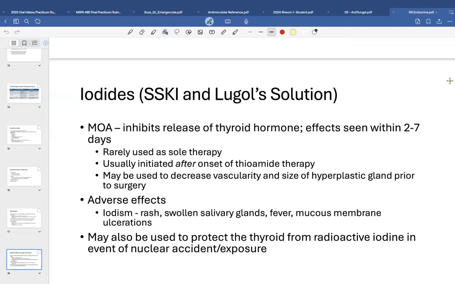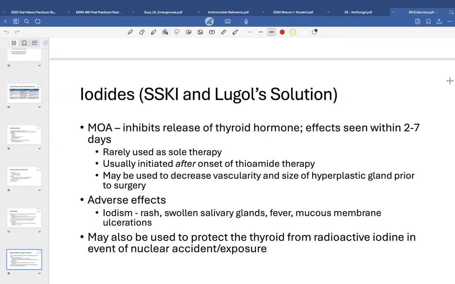We're giving super-therapeutic amounts of iodine, so you can get rash, swollen glands, and ulcerations of the mucous membranes. Iodides can also protect the thyroid from radioactive iodine. If you're exposed to radioactive iodine and you blast the body with normal iodine, you can prevent that radioactive iodine from being taken into the body.